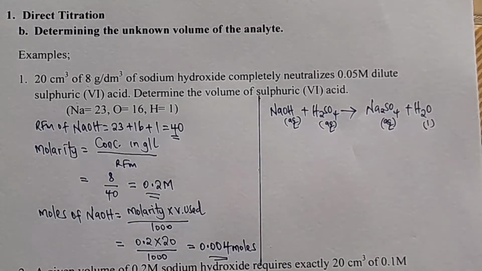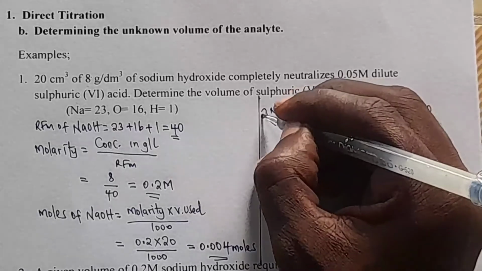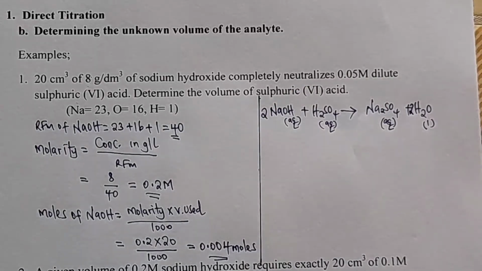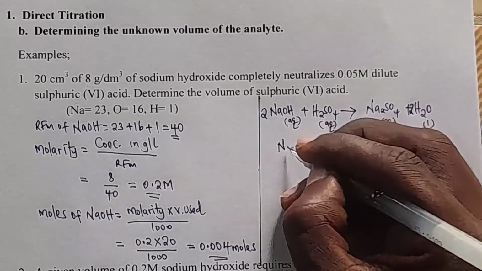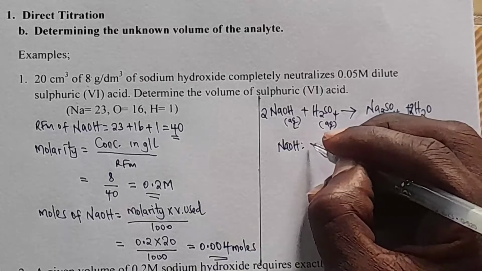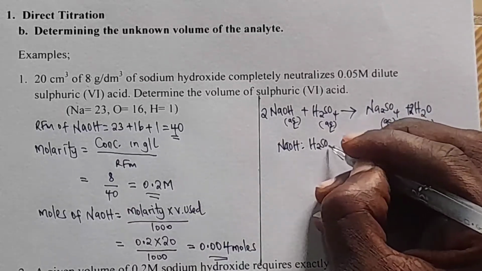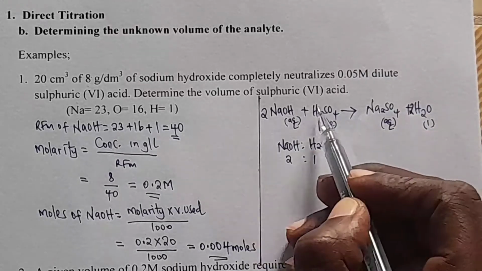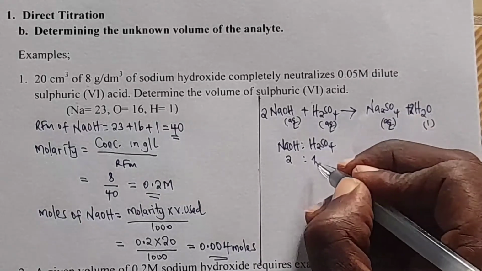To balance the equation, we put 2 on the side of sodium hydroxide and 2 on the side of water. So the mole ratio between sodium hydroxide and sulfuric acid is 2:1. There's 2 on the side of sodium hydroxide and a hidden 1 on the side of sulfuric acid.